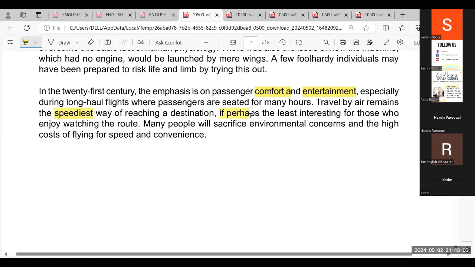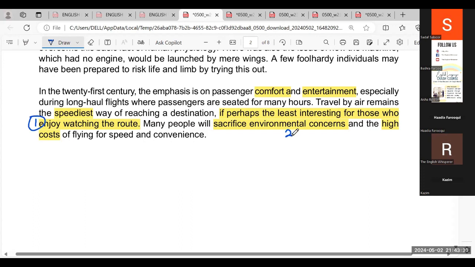If perhaps the least interesting for those who enjoy watching the route. Many people will sacrifice environmental concerns and the high costs. So the 3 reasons why people may not want to travel by airplanes is 1, it's not fun for people who enjoy watching the route. 1 mark here, right?